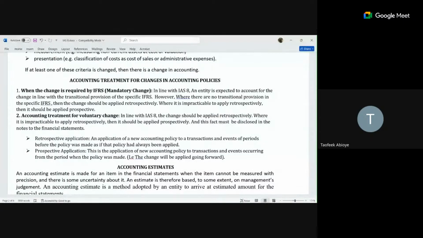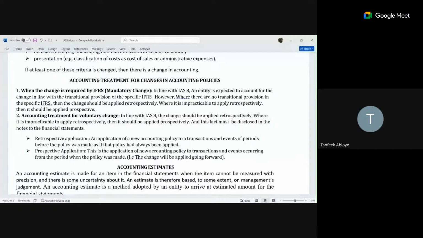But in a situation whereby there is no provision, although the changes are required by the IFRS, there is no clear provision on how to treat it, then the changes should be treated retrospectively, that is backward treatment. From the day that we decided to adopt the new policy, we should also present our previous statements using that same policy.